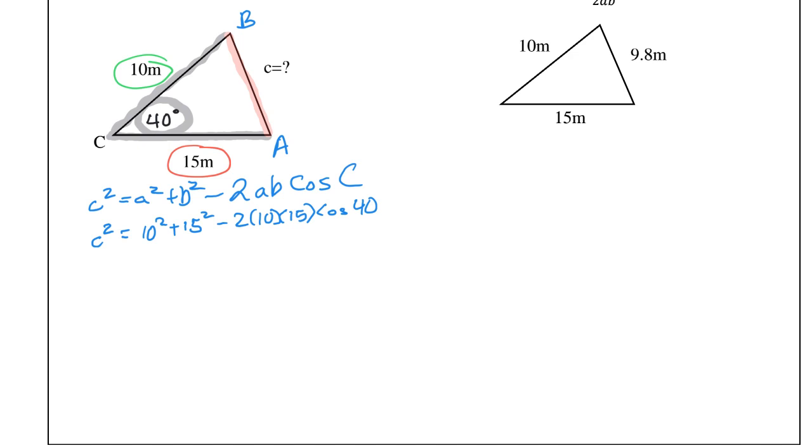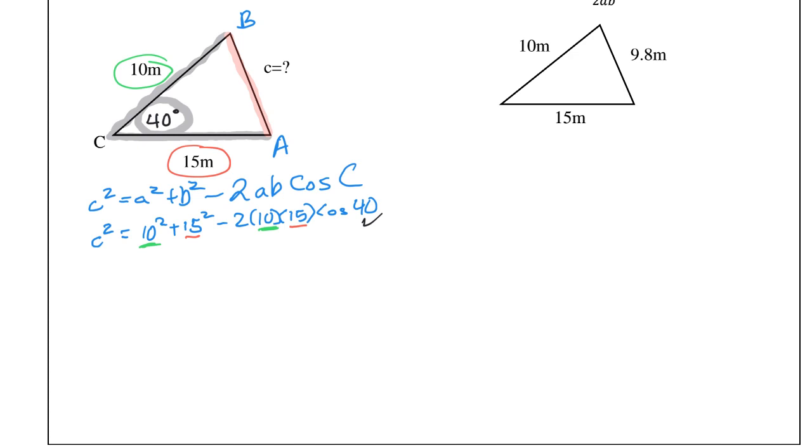In this case, here's our 10 and our 15 when we substitute, and then we have our final angle here, which is opposite to the side c. Now, if you don't remember the equation, that gives you the basic idea of what it looks like, and you can use that for any problem.